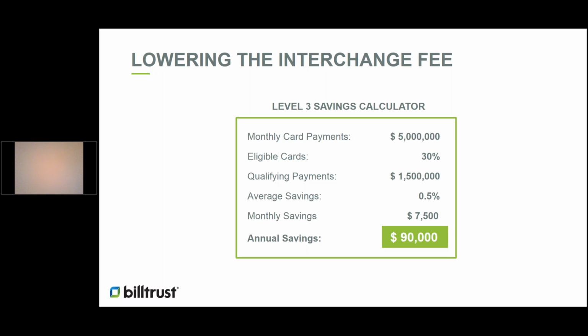So ultimately, you end up saving $7,500 a month through level 3 optimization, and that's $90,000 annually. So that's a really nice chunk of change for really not doing much. Again, you have this data available. It's just a matter of being able to package it up and transmit it over to the card brand and to the issuing bank to qualify for those level 3 rates.